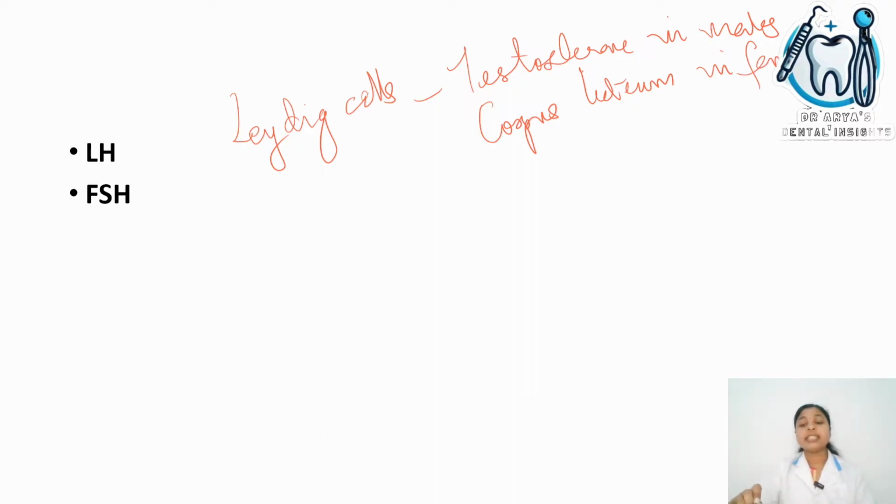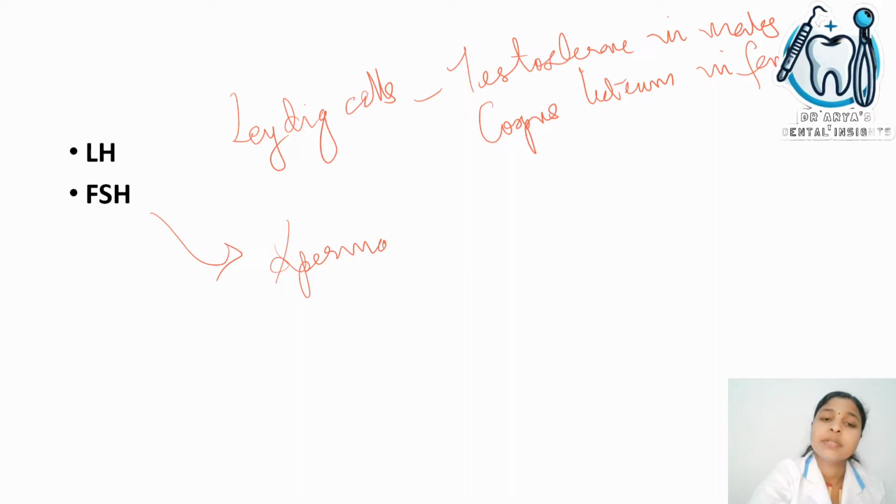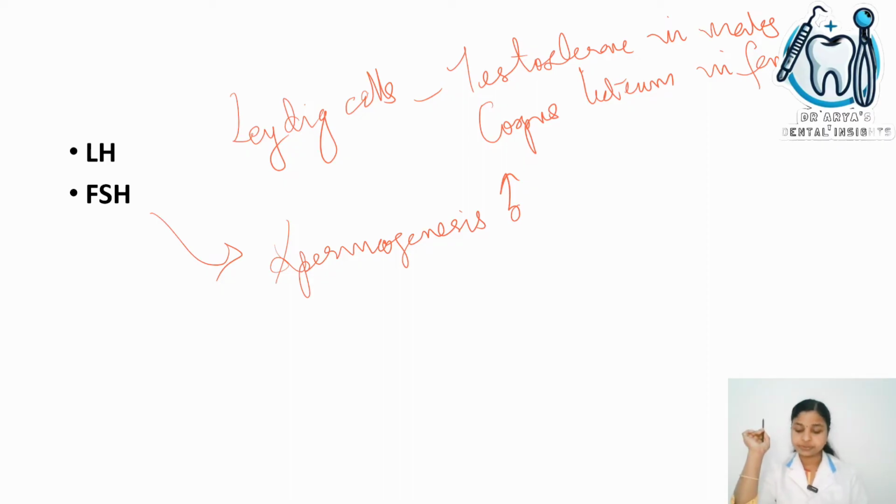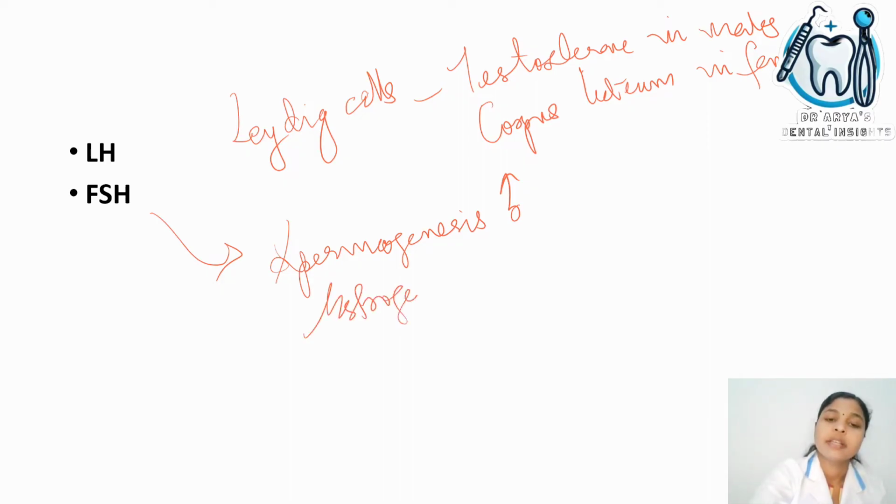Okay, so that is the role of LH, testosterone in males and corpus luteum in females. And what does FSH do? It promotes spermiogenesis in males and estrogen production in females.